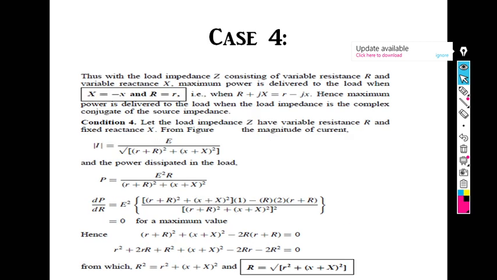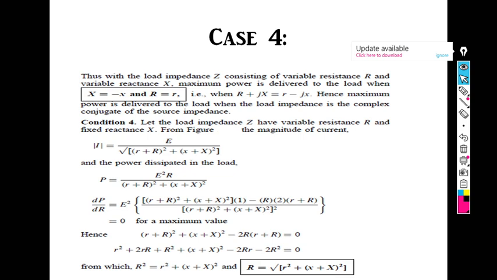But otherwise, the fourth case, when we take variable load resistance but cannot vary the reactance. If we cannot vary the reactance, then how to get the maximum power? The same way you can derive, and you can see that the load resistance should be equal to the root over of source resistance square plus total reactance (load reactance plus source reactance) whole square.